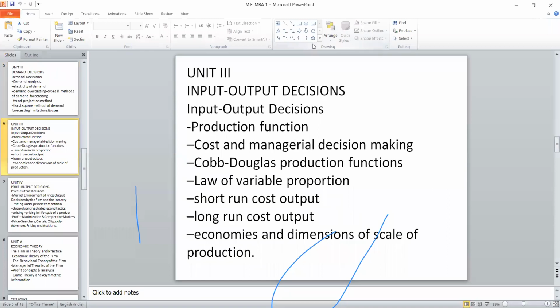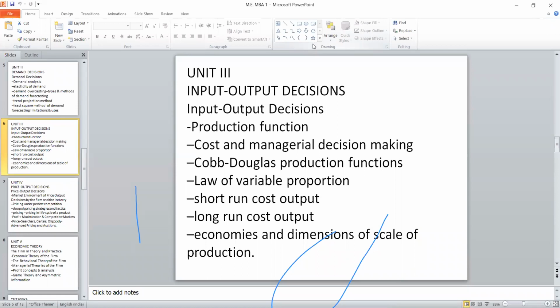Once we know the demand, we move to the production side. We should know the relation between input and output, and for that we have to construct the production function. In constructing the production function, we see how cost is related to decision making, and for that one or two models should be analyzed. One of the main models is the Cobb-Douglas production function.